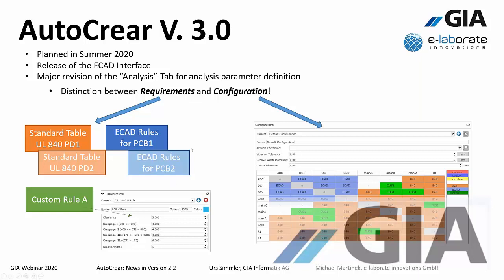And most of them also happen automatically, because we know what a PCB is due to the ODB++ import, and we know which file belongs to that, so we can automatically fill the section where only the net pairs between the net groups of the PCB are located. So they are assigned the ECAD rule. The rest is assigned the standard table, and there are some others which are assigned the custom rules.